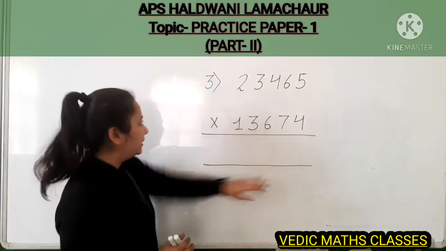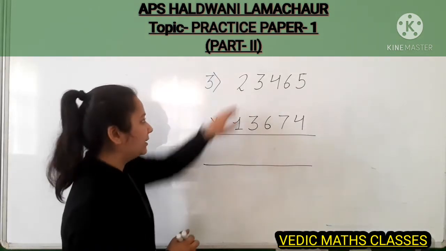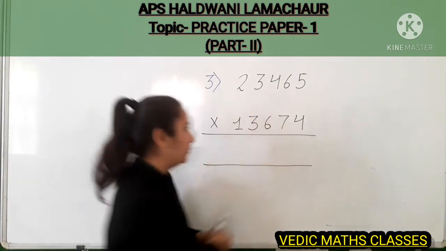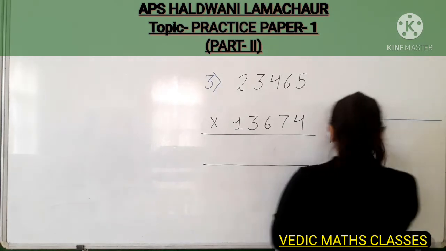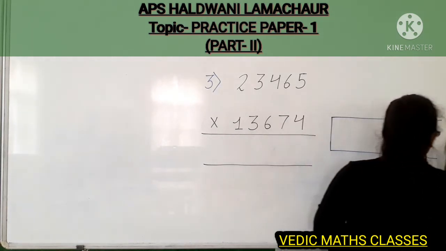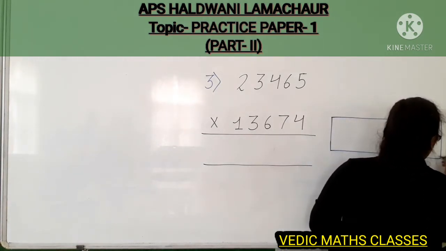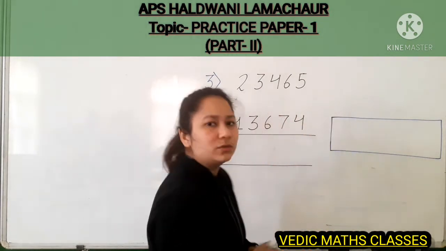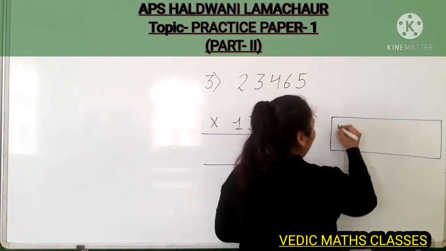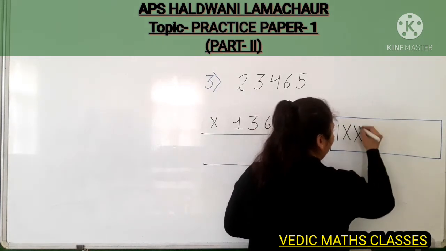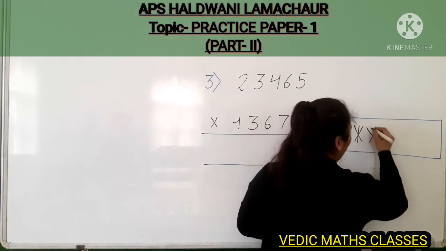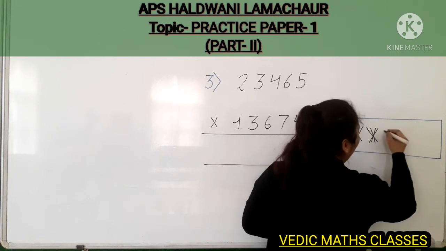Now students, it's your third sum and it's a 5-digit number. So for 5-digit, what is the pattern kids? See, it's a 5-digit number. So we will go with 1, 2, 3, 4 and 5.